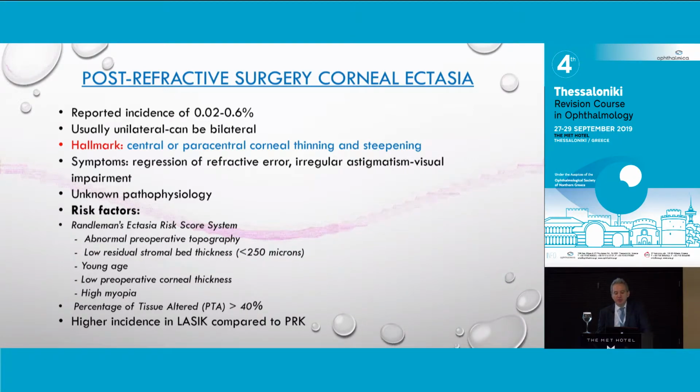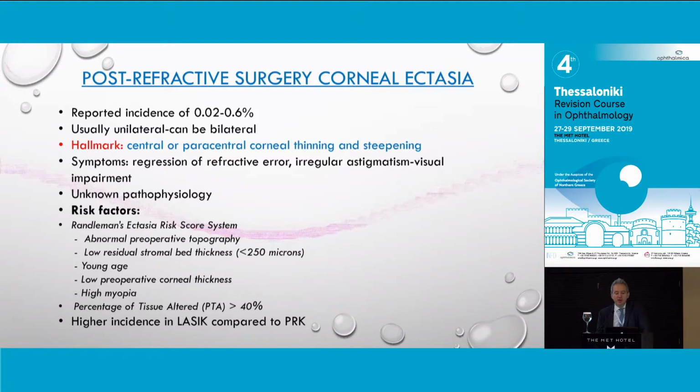What do we observe in corneal topography? We have a central or paracentral area of corneal thinning and steepening. And regarding risk factors, we know that Randleman has described in his Ectasia Risk Score System factors that could contribute to the development of ectasia after refractive surgery.